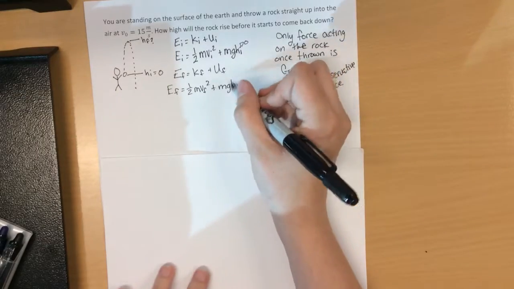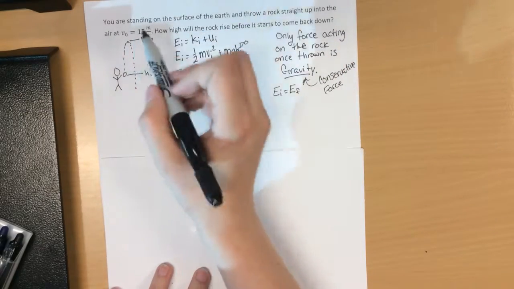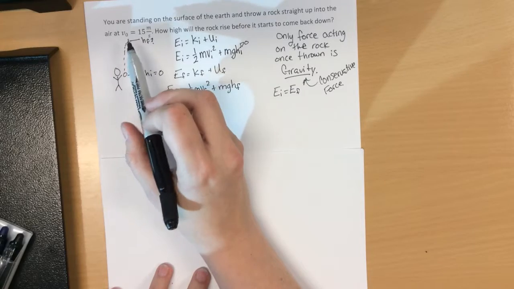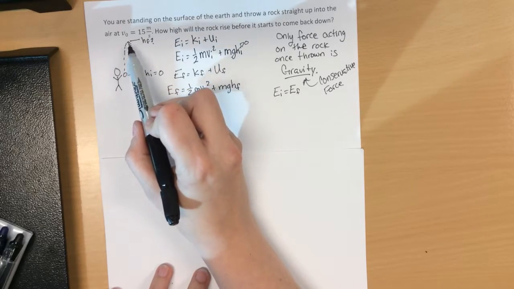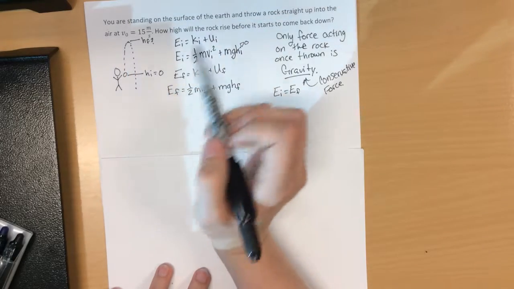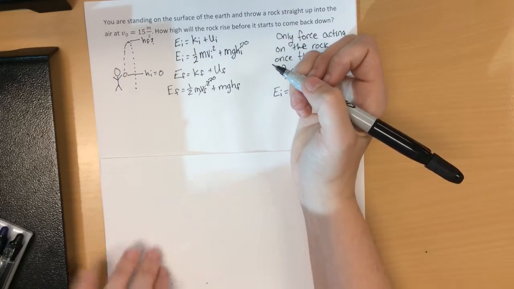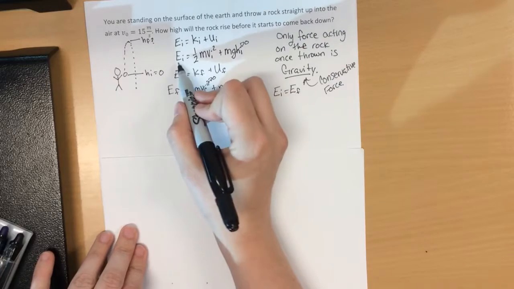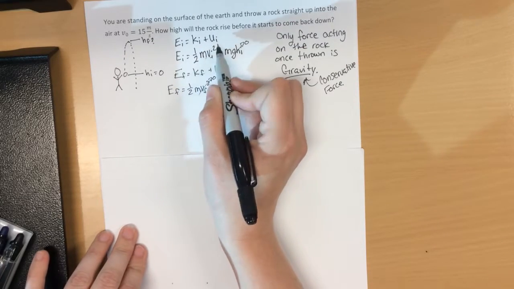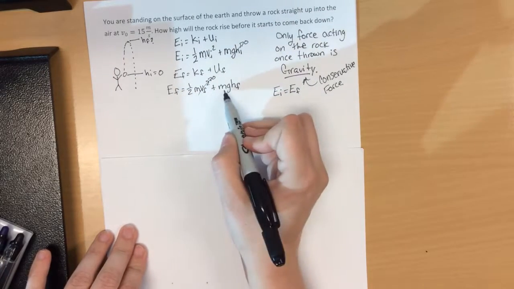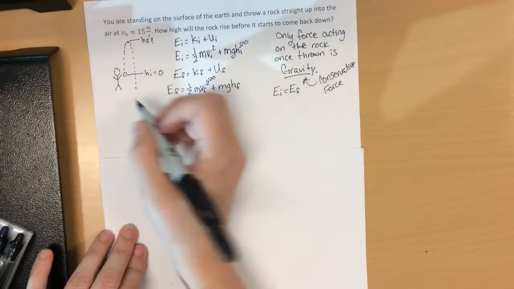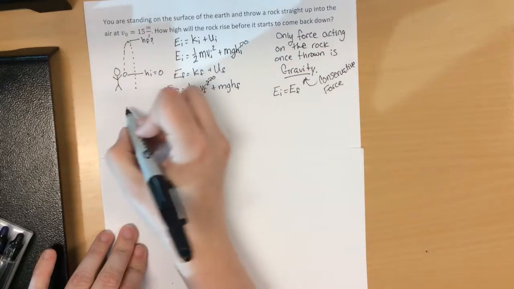We are looking for the height at this particular point, so we can consider the velocity here. When an object is at the highest point in its path, its velocity is 0, so this term goes away. As a result, our initial energy is equal to 1/2 m v_i squared, and our final energy is equal to m g h_f. We can set these equal to each other.